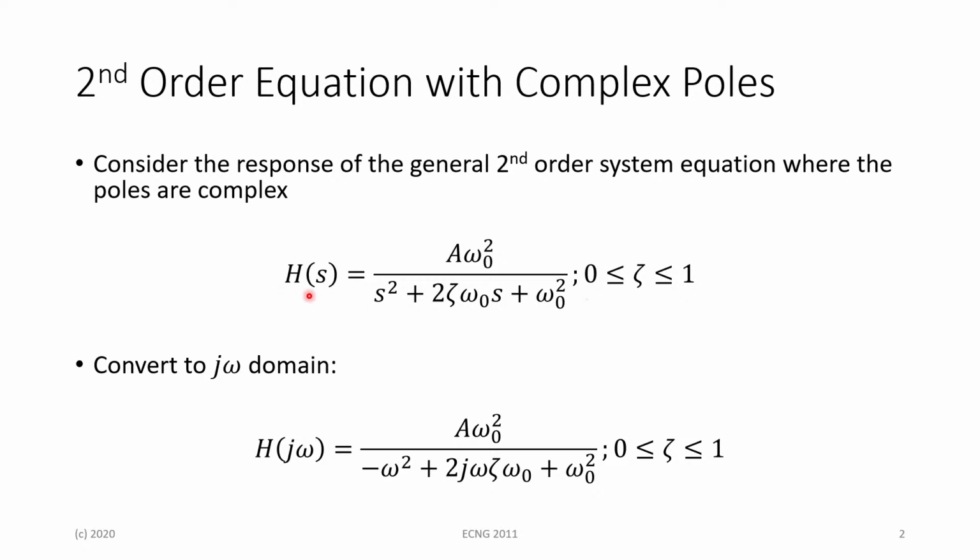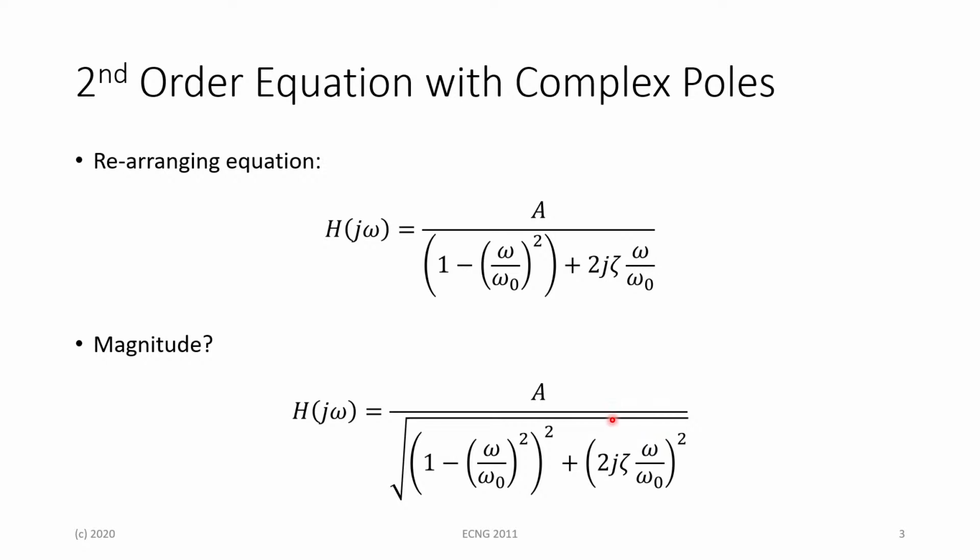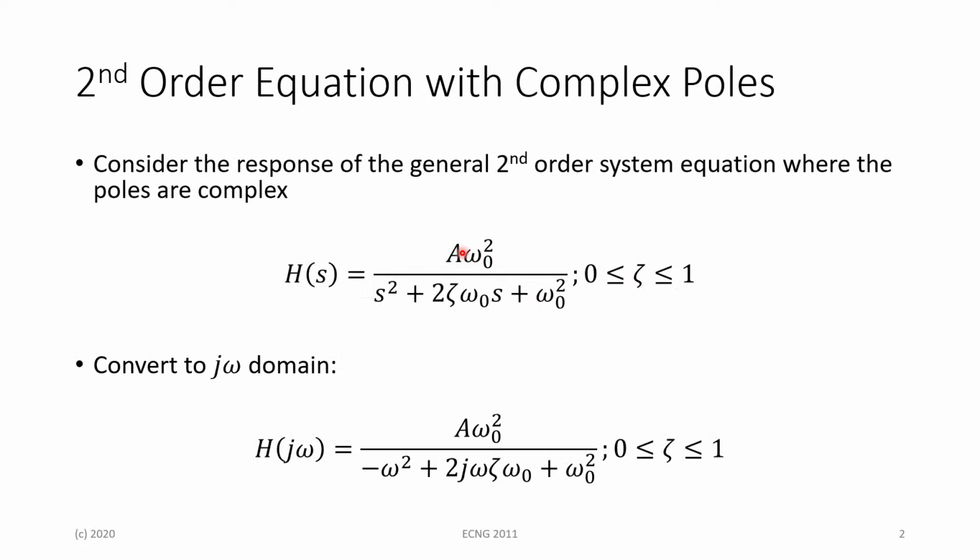So if we convert this general H(s) equation into the j omega domain, we get its resultant form, and then we rearrange the equation accordingly, we can get it in terms of its real components on the denominator and its imaginary components as well. The numerator here is just basically a constant value, as we saw, because that's just a and omega naught squared.